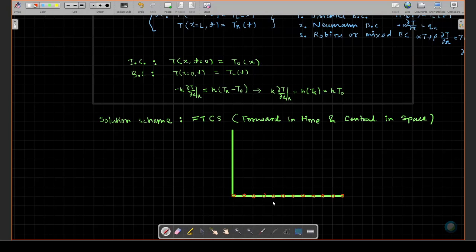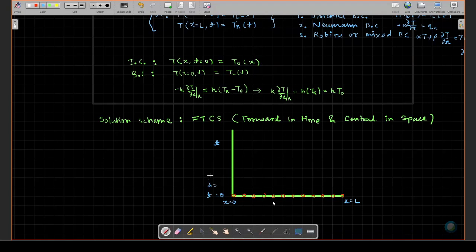This is your x equals 0th location, and this is your x equals lth location, and this is your time axis along which you are moving. So at t equals 0, we have these many points. Say another t we can have, t equals 1, like that, and we can have t equals n plus 1, like that.